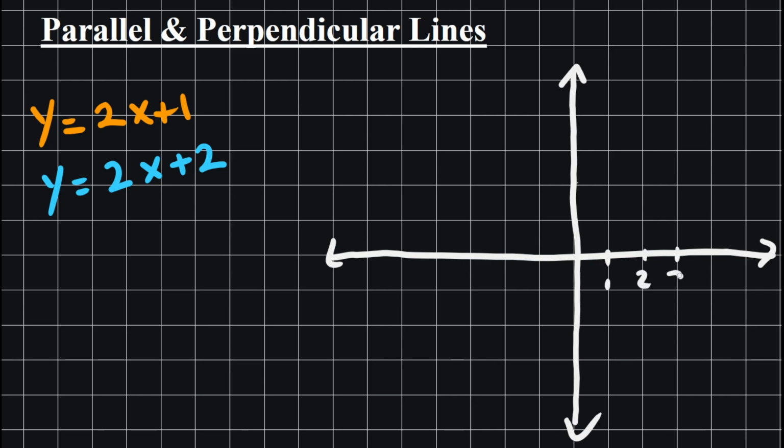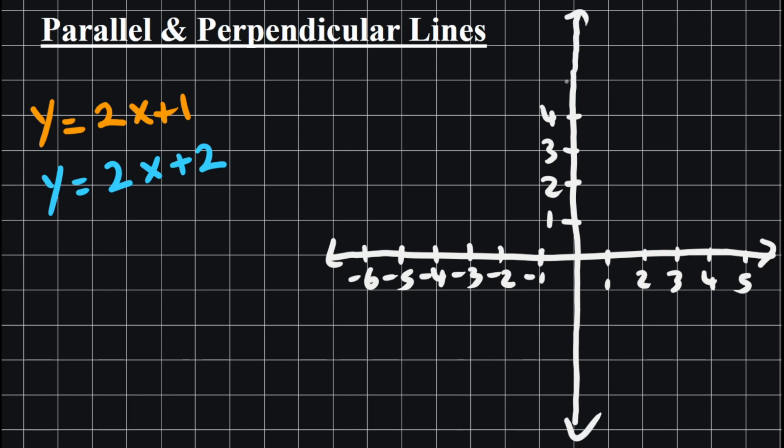1, 2, 3, 4, 5. -1, -2, -3, -4, -5, and -6. Going up, 1, 2, 3, 4, 5. Let's extend this a little more.